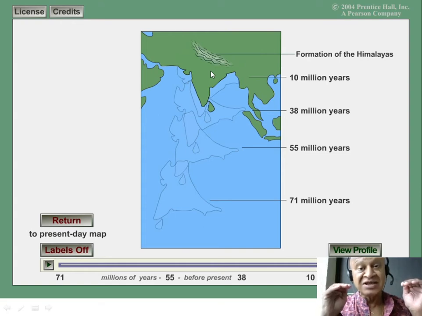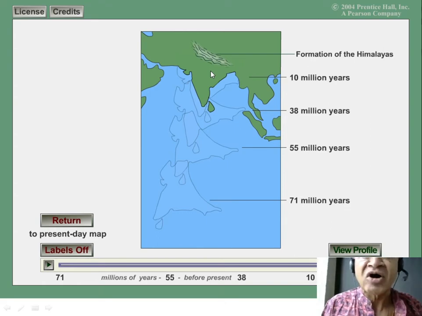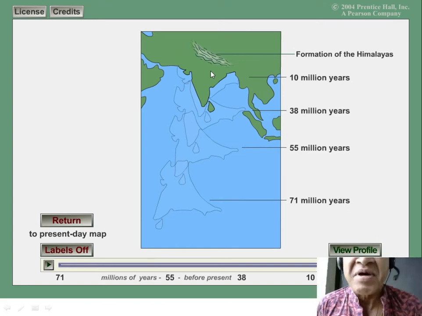The Himalayan mountains got created because of this collision, and the pushing continues to raise them by almost 1 centimeter per year. So imagine that.